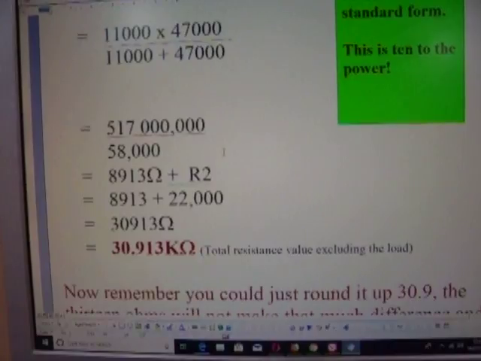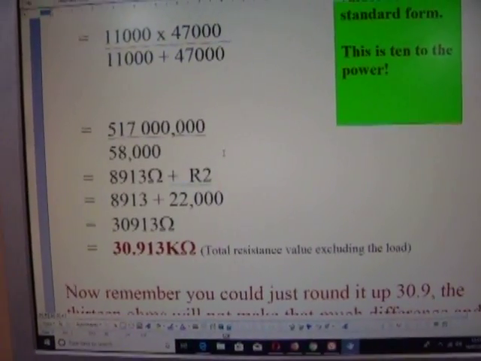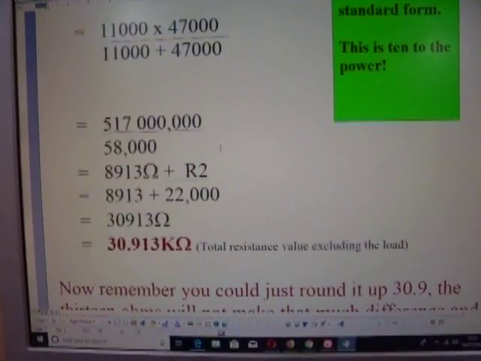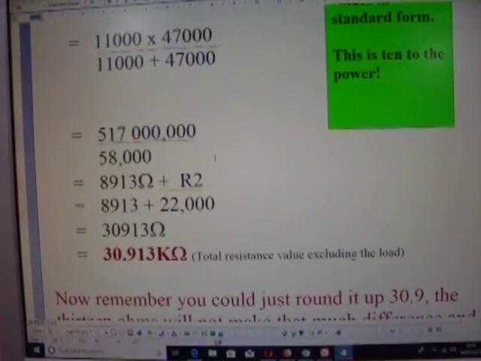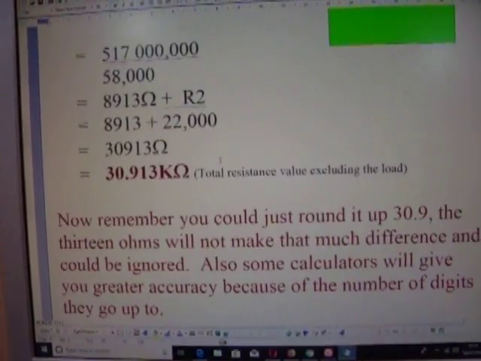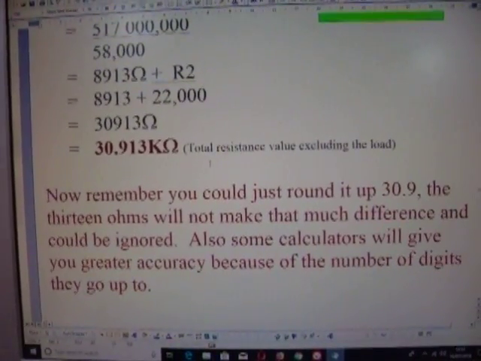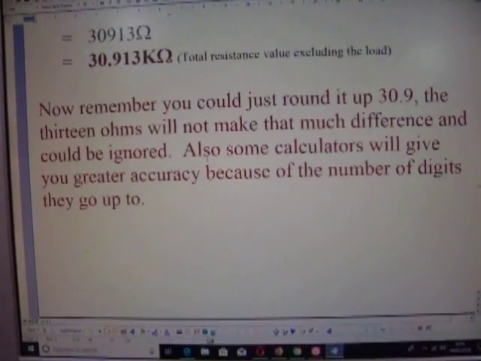And again, I'm just going to follow that down. Again, write this out. Do not just look at it on the screen and think you will know how to do it. You must write it out. Okay, and here we have total resistance of 30.91 kiloohms.